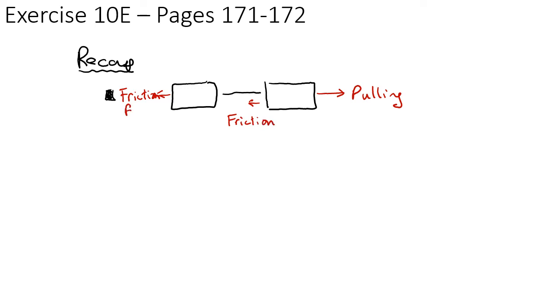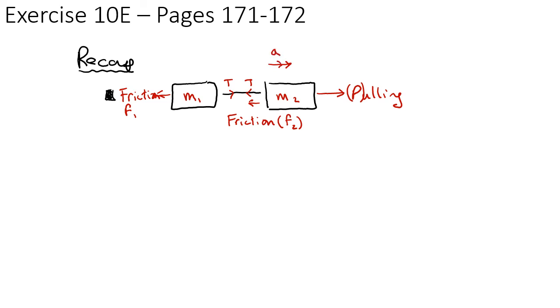So let's call this friction 1, friction 2. We'll call this the pulling force, and we've got our masses, mass 1 and mass 2, and we have tension here pulling on each, and let's say that this is accelerating in this direction.